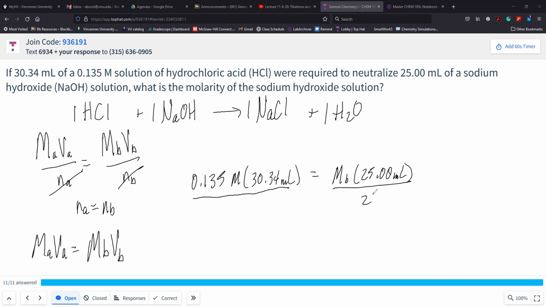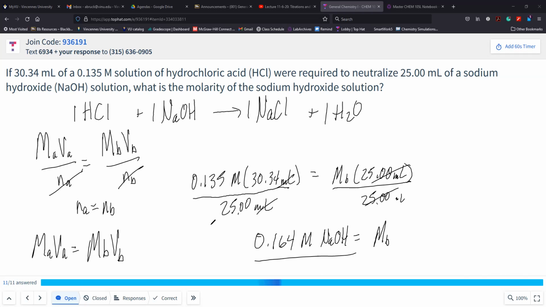I need to divide each side by the 25 milliliters so that it cancels on that side, and only the milliliters, the unit, cancel on this side. 0.135 multiplied by 30.34 divided by 25 would give us a concentration to 3 significant figures, 0.164 molar sodium hydroxide for our base molarity.